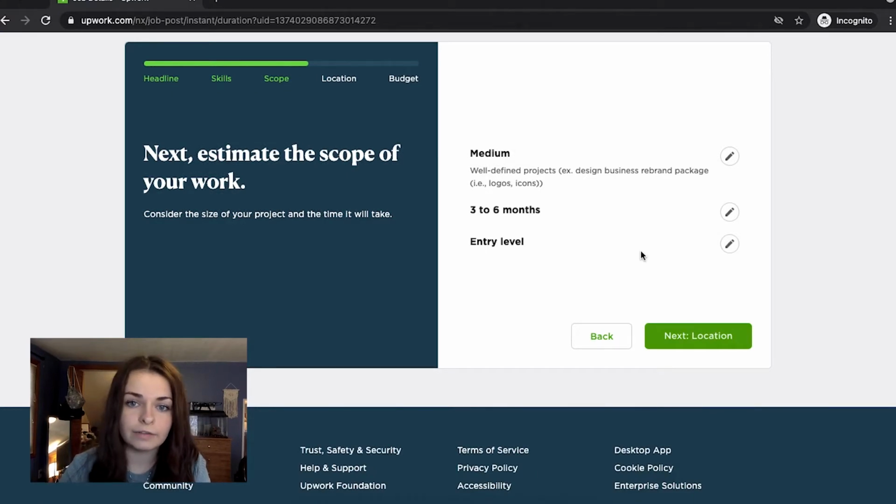I just choose entry level because once you have your job posting, you'll be able to go through your candidates and see their actual work, and then you can determine what level you think they're at, and it might be at entry level that fits for your job.